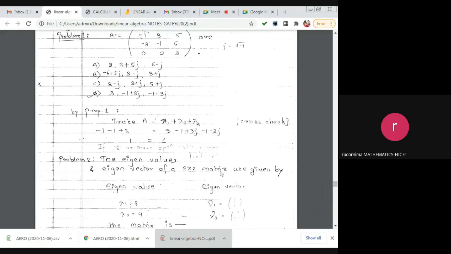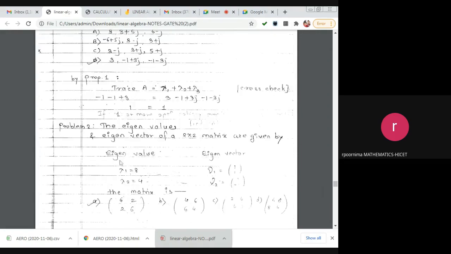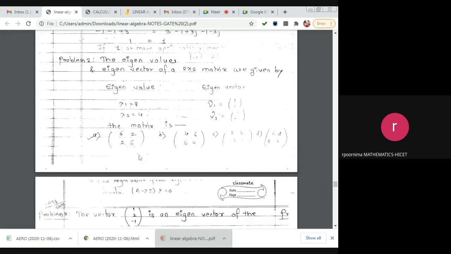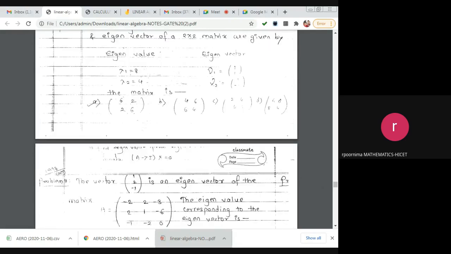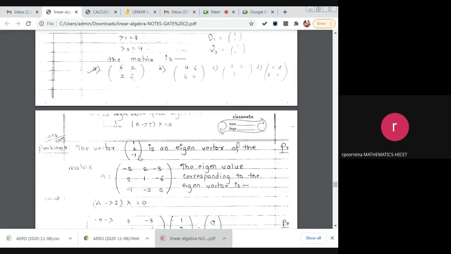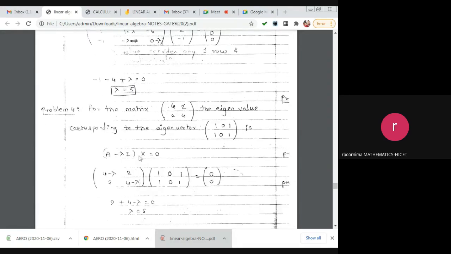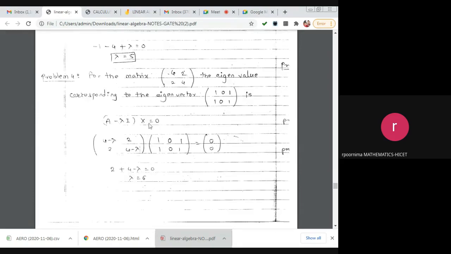If the eigenvectors of a 2 by 2 matrix are given, take the eigenvalues lambda 1 equal to 8, lambda 2 equal to 4, then mu1 is 1 1, mu2 is 1 minus 1. Then the matrix is 6 2 2 6. You have to apply A minus lambda I into x equal to 0.